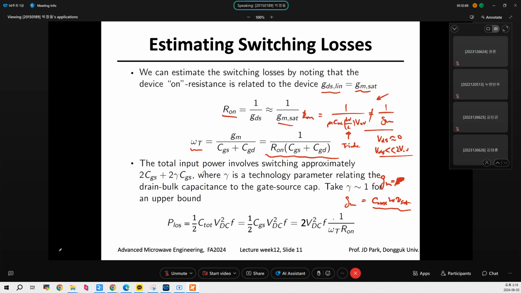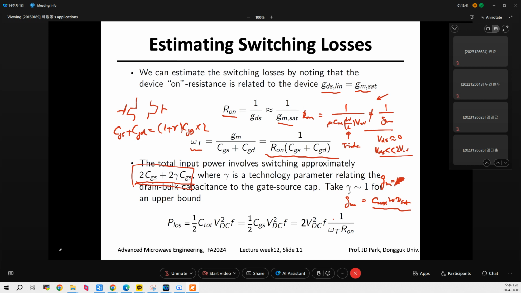So the total input power involves the switching approximately 2 CGS plus 2 gamma CGS. Why is that? Because each device has a CGS plus CGD, which is 1 plus gamma CGS, right? So we have a 2.